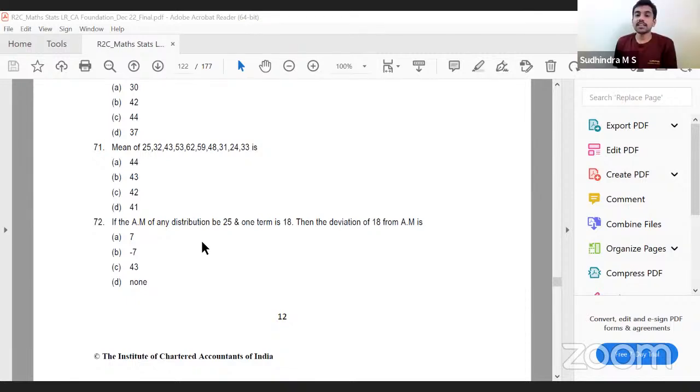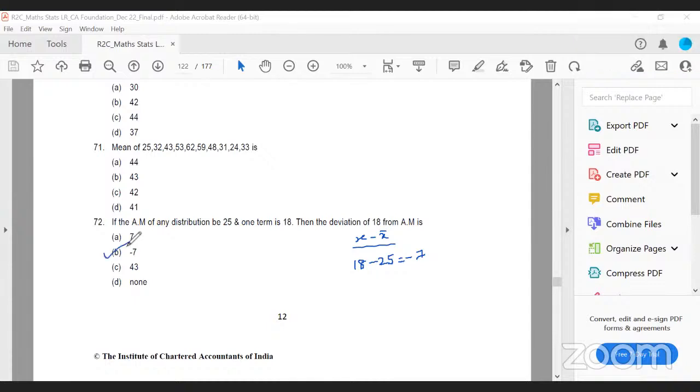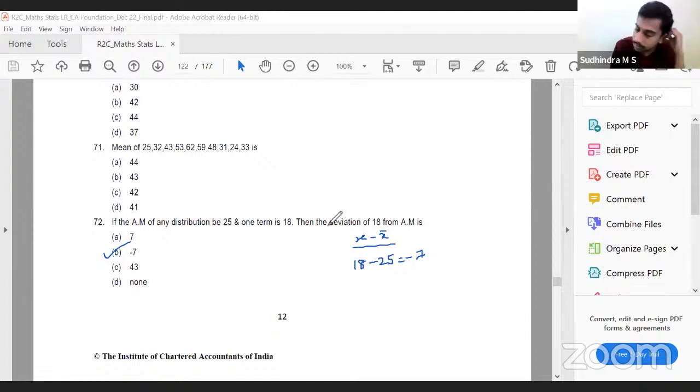Deviation of 18 from arithmetic mean is x minus x bar. X is 18, x bar is 25, so 18 minus 25 is minus 7. Absolute deviation means modulus; just deviation is as it is.